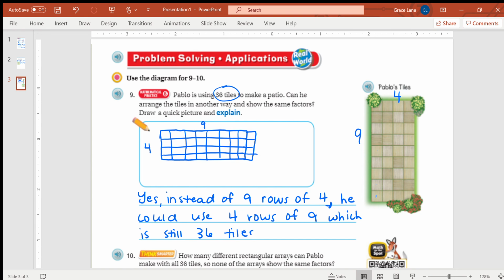Remember, it doesn't matter what order you multiply in. 9 times 4 is 36, but 4 times 9 is also 36. That's why you can flip them around.